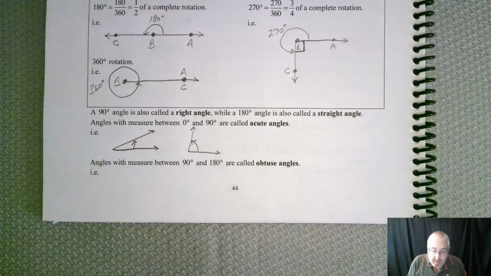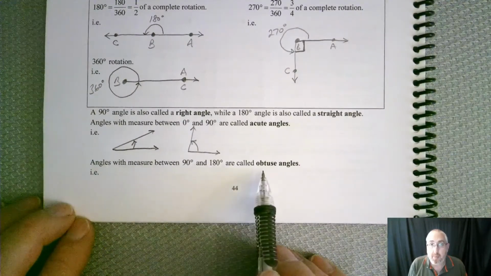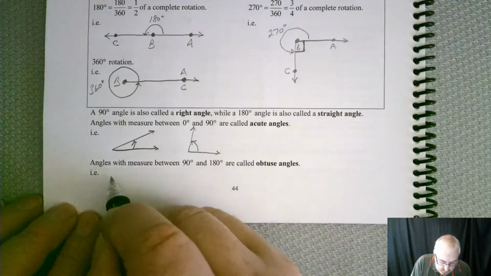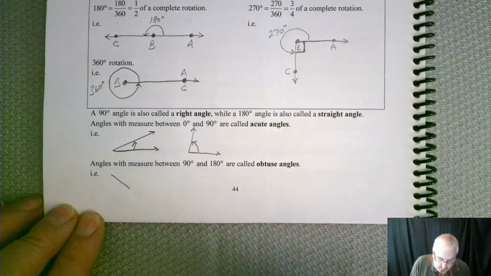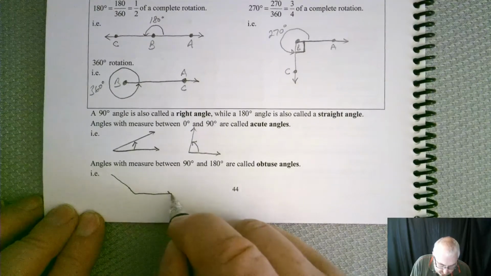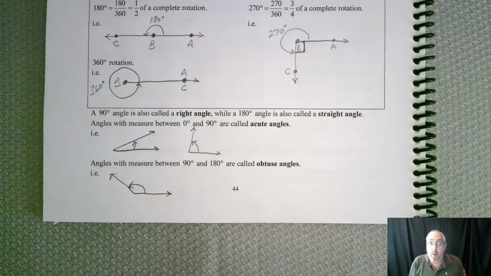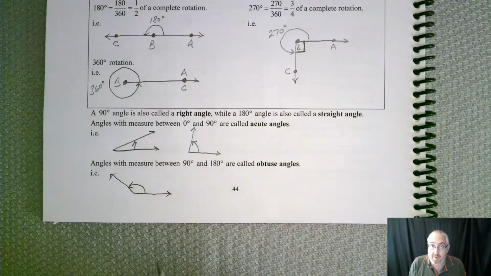Now, the next group would be between 90 and 180, and those are considered obtuse. So, whoop, there goes my lead again. So an obtuse angle would look something like this. Again, it's definitely more than a quarter of a rotation, but less than a half of a rotation.